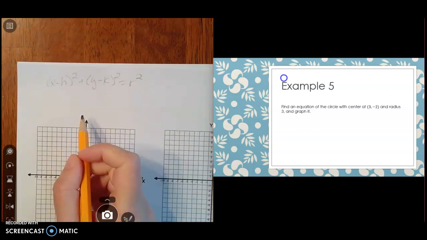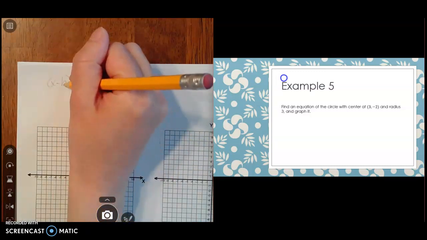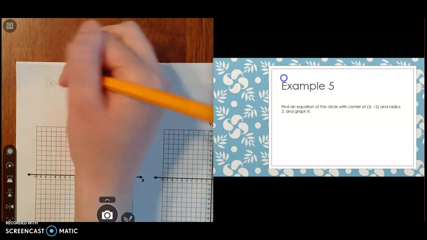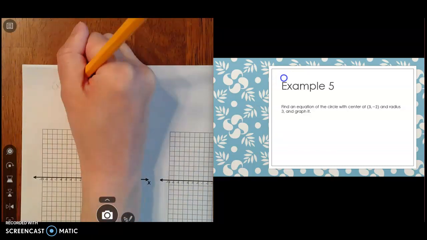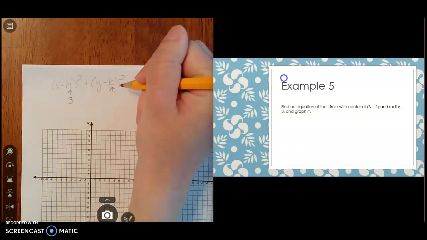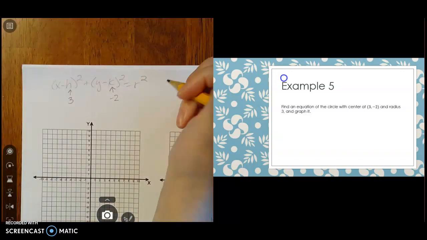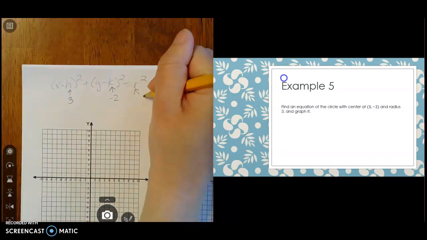So for us, the x coordinate of the center, that h value is 3. And the k value would be the y coordinate of the center, which is -2. And then the radius, they told us it is 3.